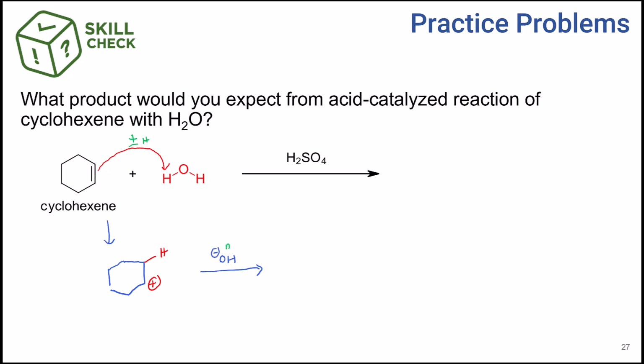This is a nucleophile because it's negative. My positive charge is the electrophile, so now I can have a nucleophilic attack. So this H is still here, and I've formed now a new bond to the OH. So that is the product I would get in that reaction.